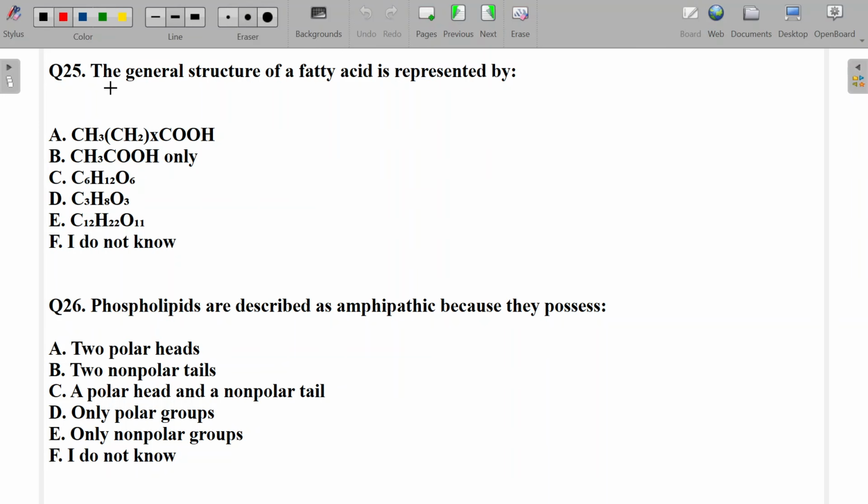25. The general structure of a fatty acid is represented by A, CH3 CH2 X COOH. B, CH3 COOH only. C, C6 H12 O6. D, C3 H8 O3. E, C12 H22 O11. F, I do not know.